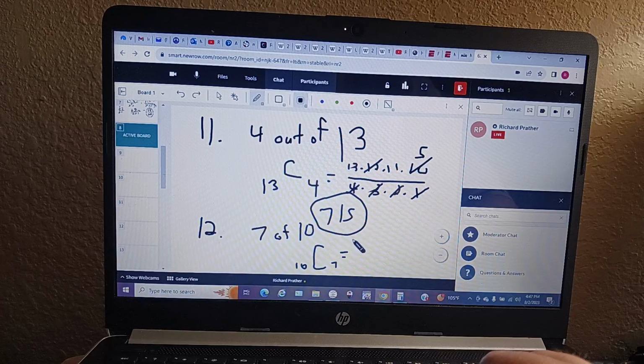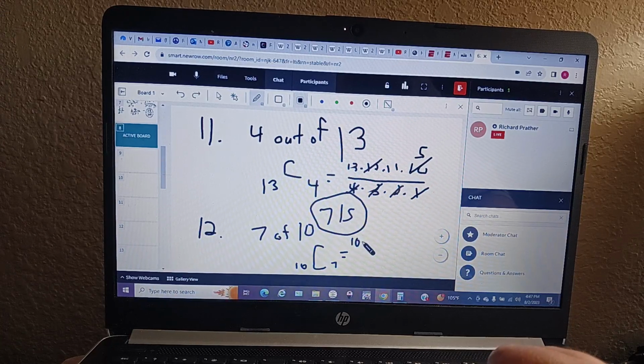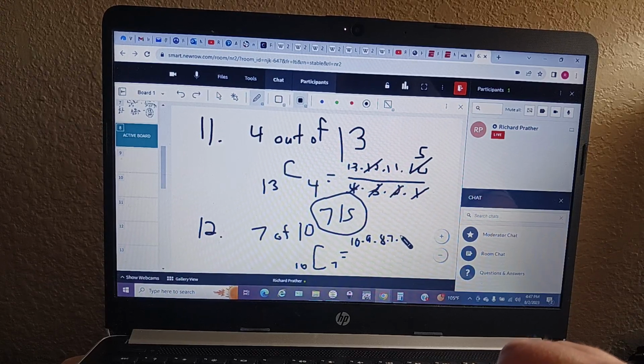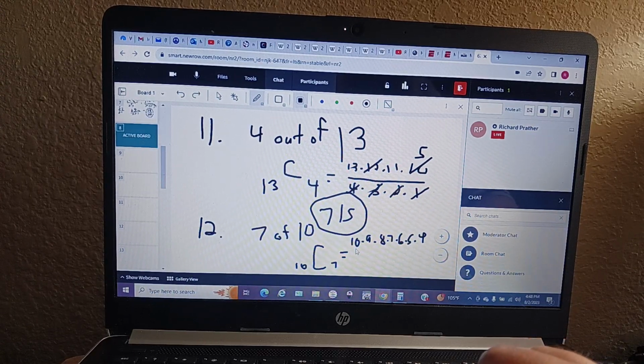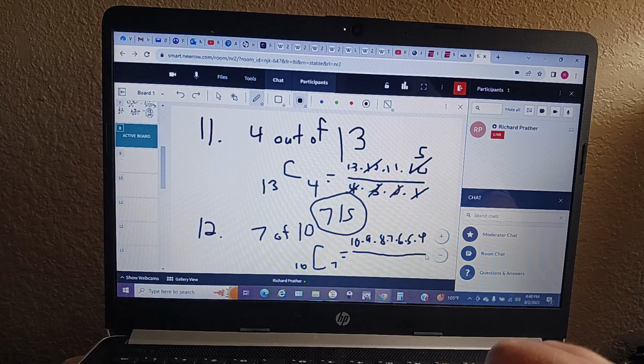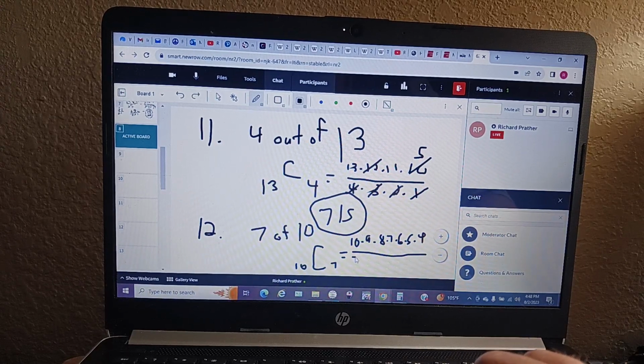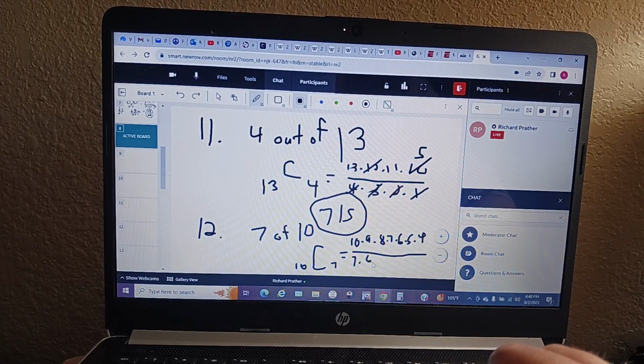And that means the top, you start at 10, decrease by 1 until you have 7 numbers. 1, 2, 3, 4, 5, 6, 7. And then since it's a combination, I also have to divide by 7 all the way down to 1. 7, 6, 5, 4, 3, 2, 1.